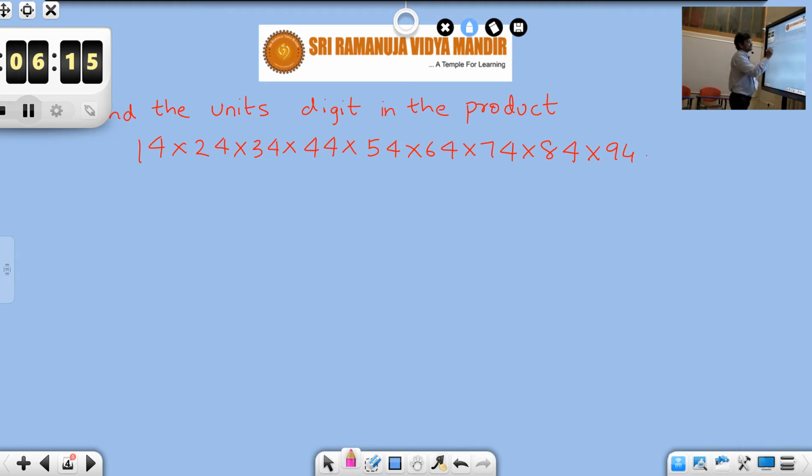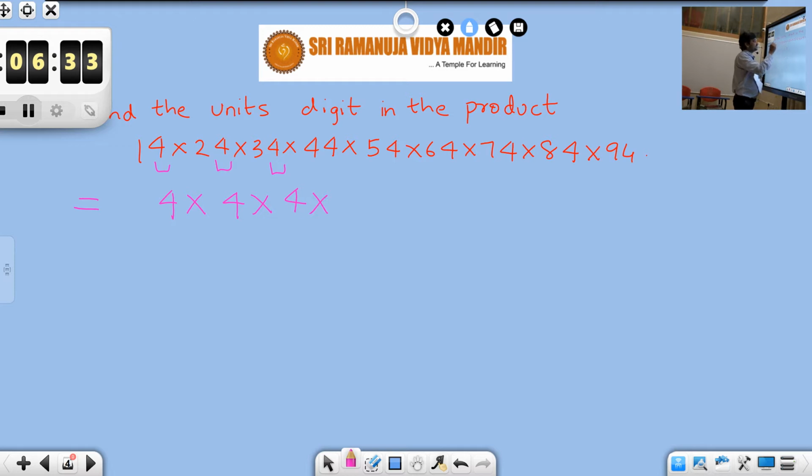That is, the units digit of the product will be the same as the units digit we get by multiplying the units digits of the individual numbers. So it is sufficient to calculate the units digits of these numbers.